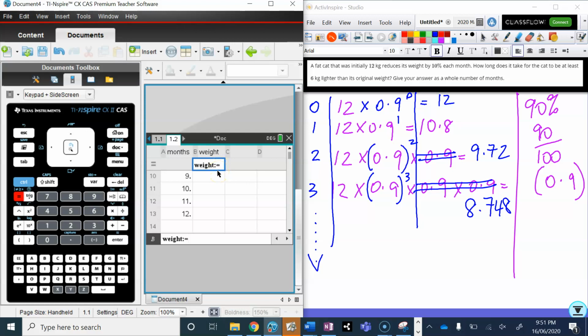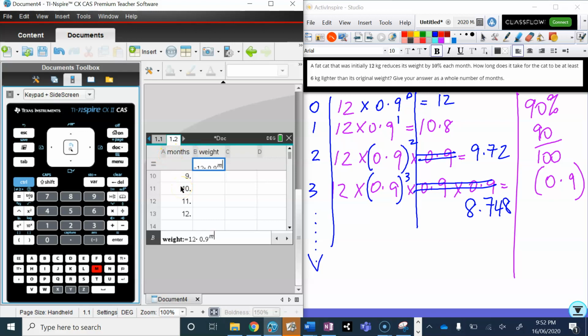And I'm going to type in 12 times 0.9 to the power, and I want this to be a variable, so I want the power to change every time I go down to another month. So I want to call it the variable that is related to the months here. On our calculator you can see we've called it months.